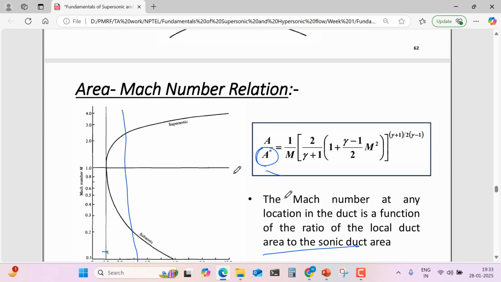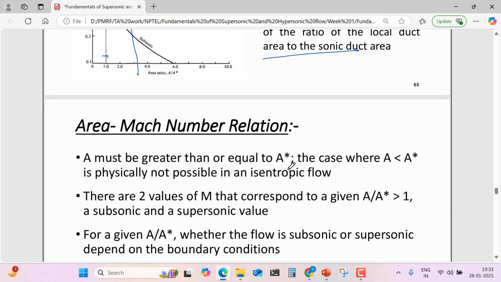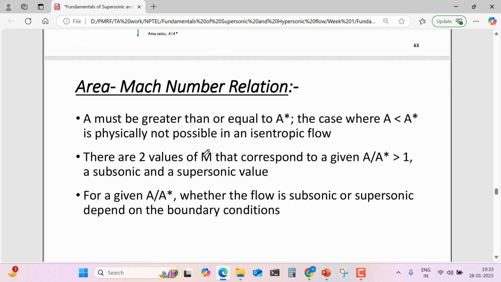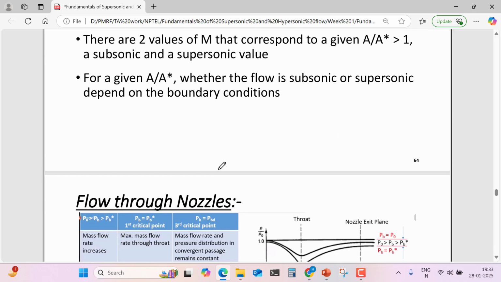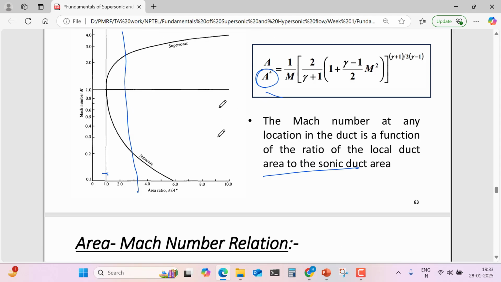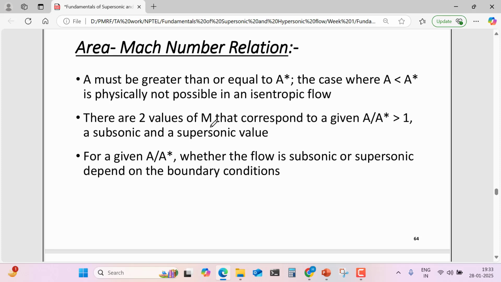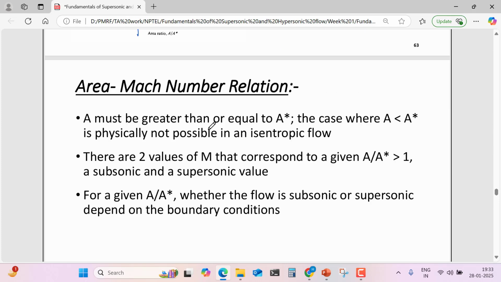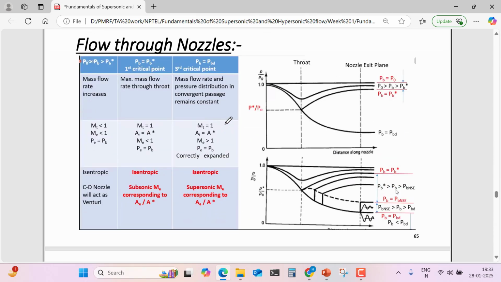This is found for the isentropic flow only. These points are the same which I mentioned before. Now we will see what changing the back pressure does to the flow through the nozzle.